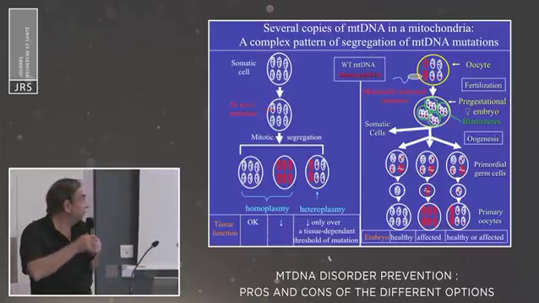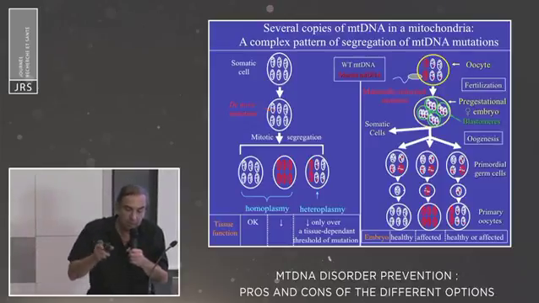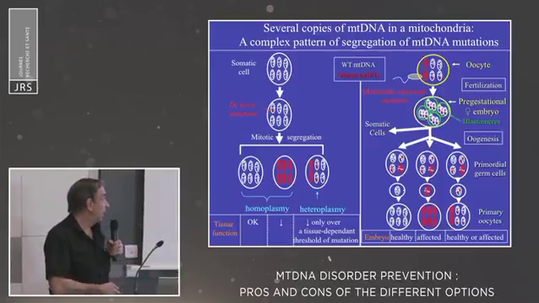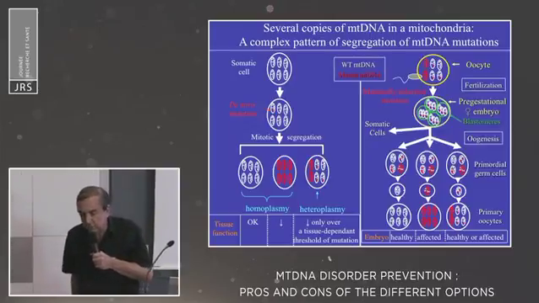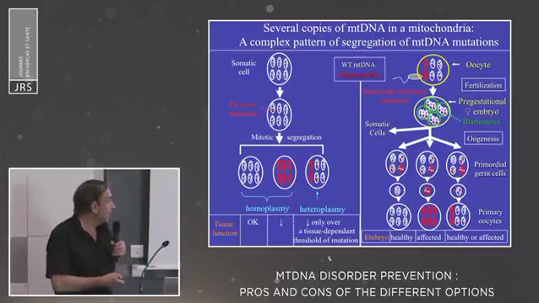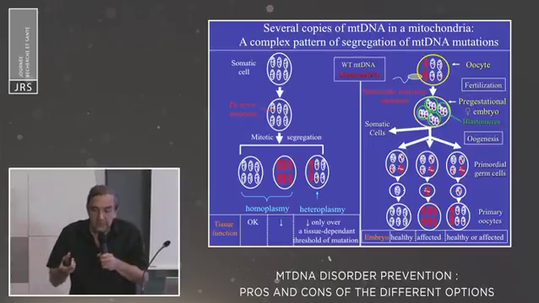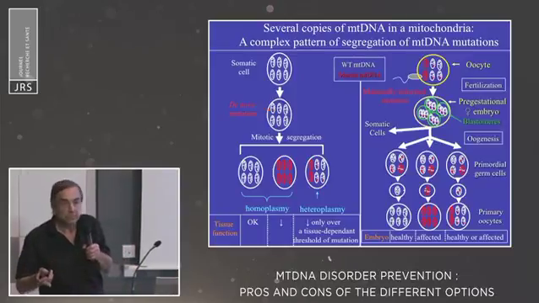Over a threshold of mitochondrial DNA mutation, that depends both on the nature of the mutation and on the tissues, the tissue is damaged, and then clinical symptoms occur.